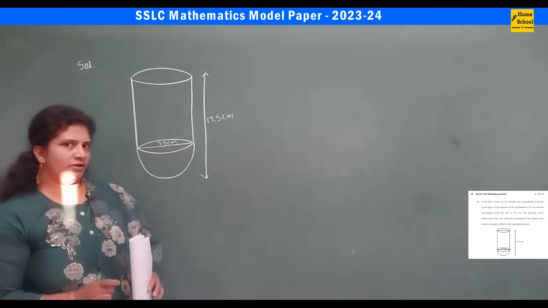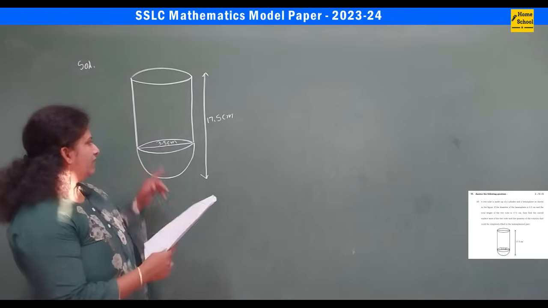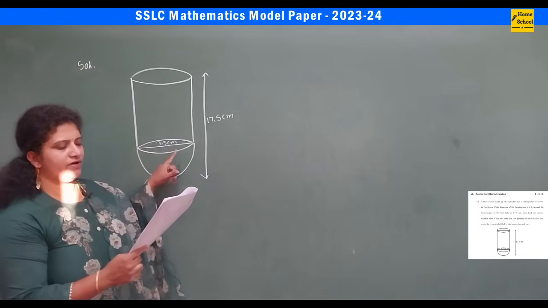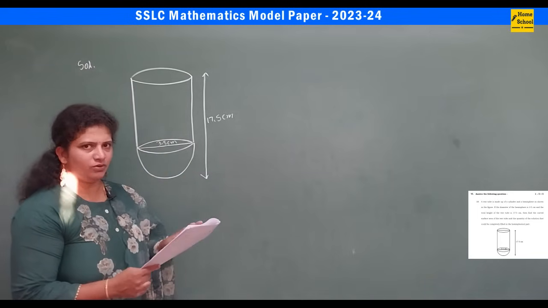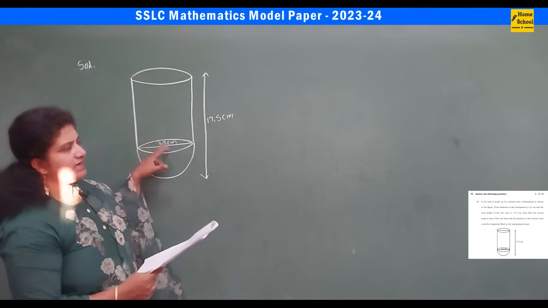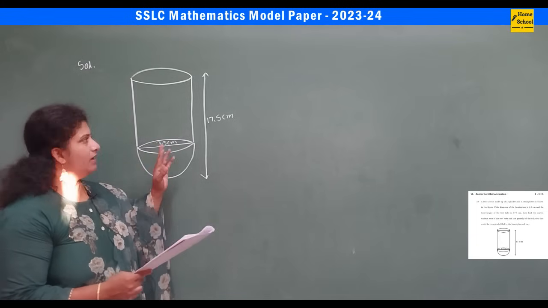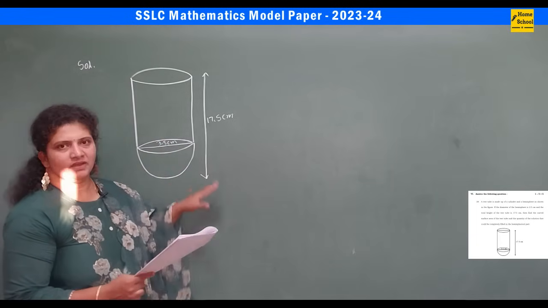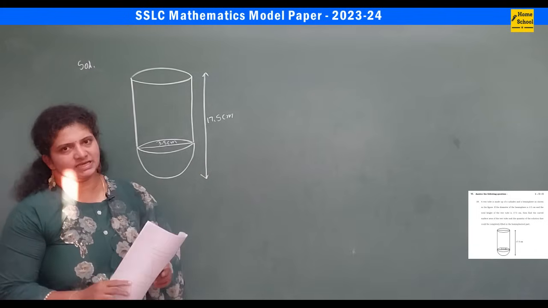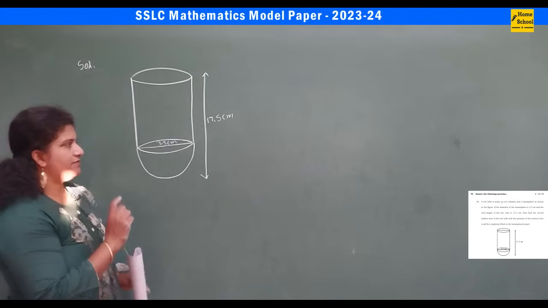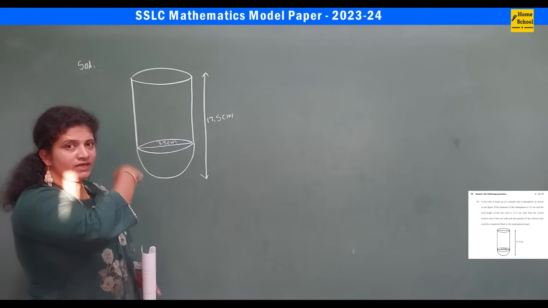So observe the problem carefully. What did they give? Diameter is 3.5 centimeter. Radius 3.5 by 2 centimeter, you can say. Radius of the cylinder and hemisphere both are the same. And now the total height of the test tube is 17.5 centimeter.